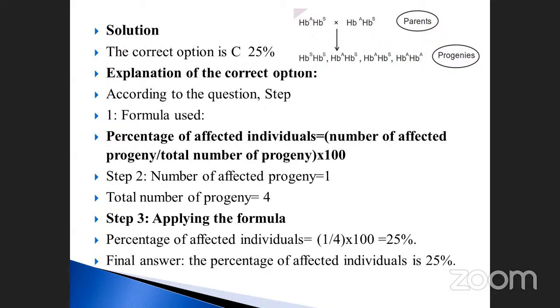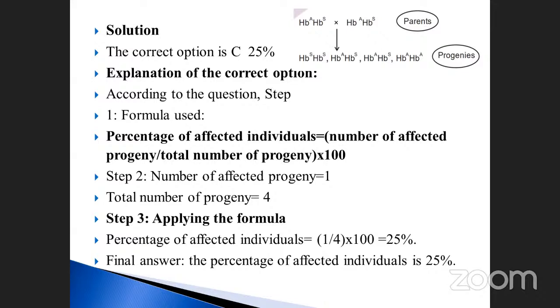This is the formula: percentage of affected individuals, number of affected progeny, total number of progeny, into 100. The number of affected progeny is 1. The total number of progeny is 4. So these are the 4 progenies we will get.